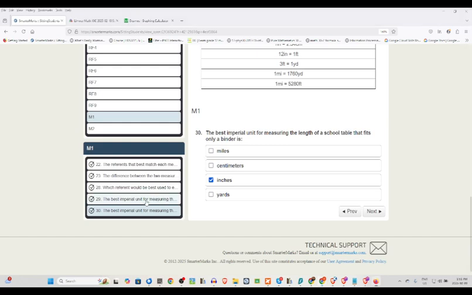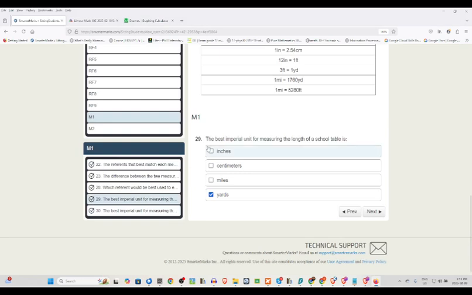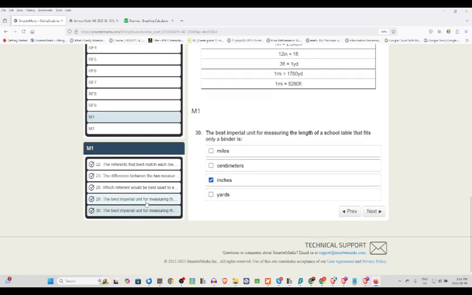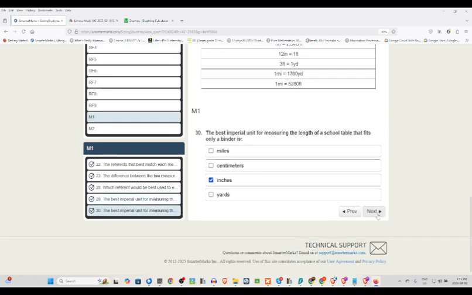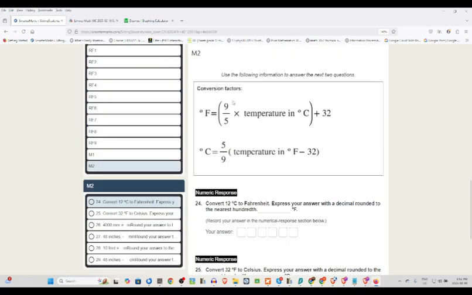Okay, and it's actually the length of a school table. I'm going to see if they want inches for that too. They did. That's what it's keyed to. But the school table, especially in comparison to the school table that fits only a binder, I'm going to disagree on that. Okay. All right. I will adjust that before you guys see this. So that's 2 questions that need adjustments.